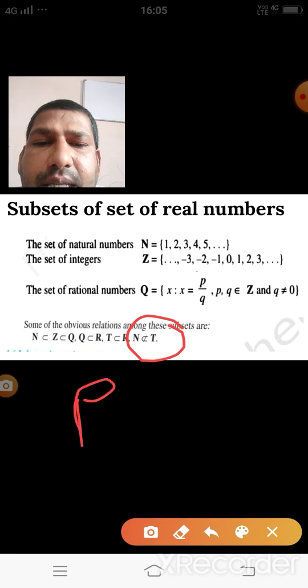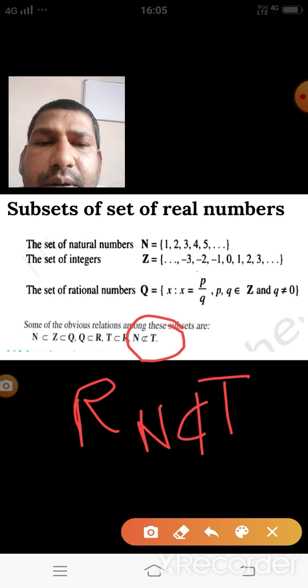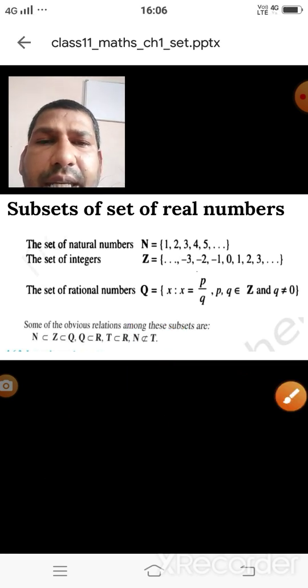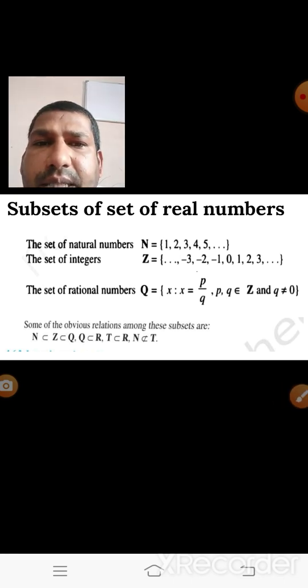Real number consists of rational and irrational, but natural number is not a subset of irrational number. Natural number is a subset of real and rational number and it is not a subset of irrational number. I think the subset concept is clear.